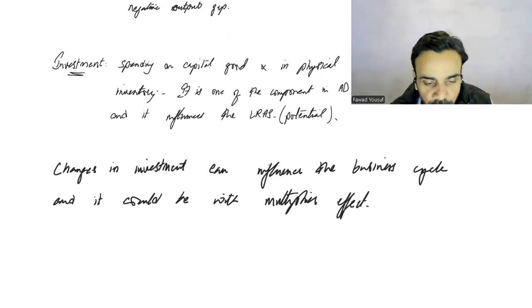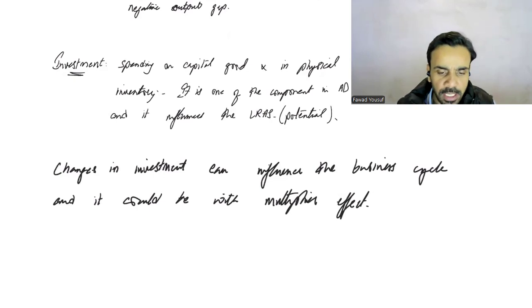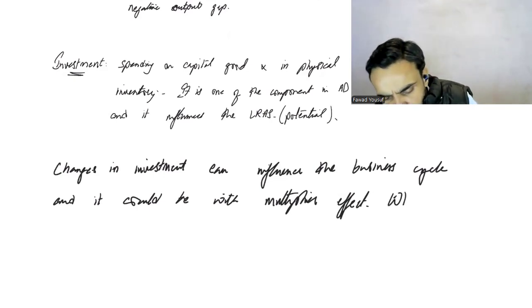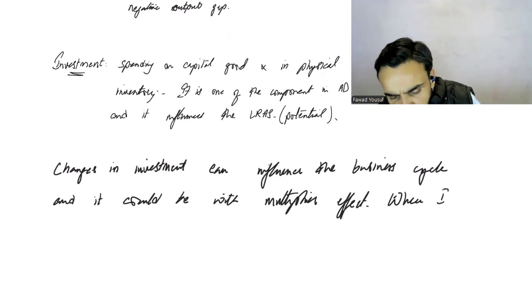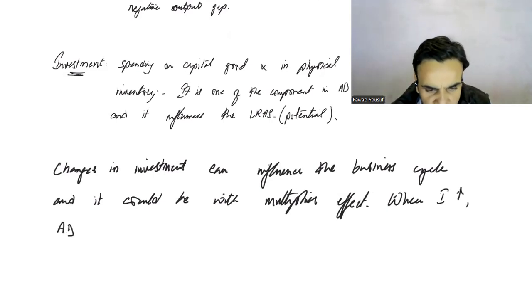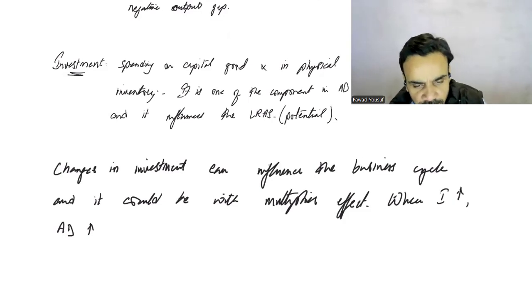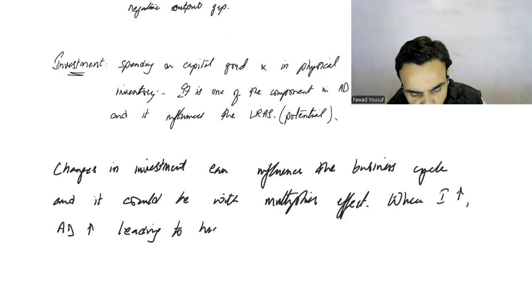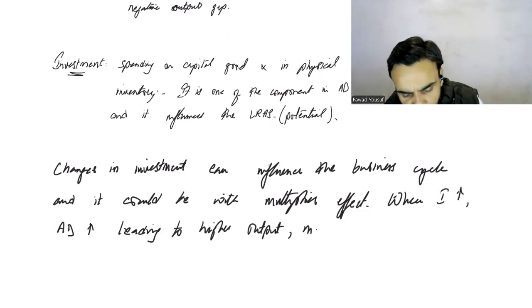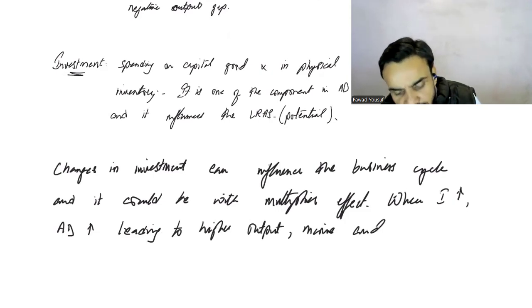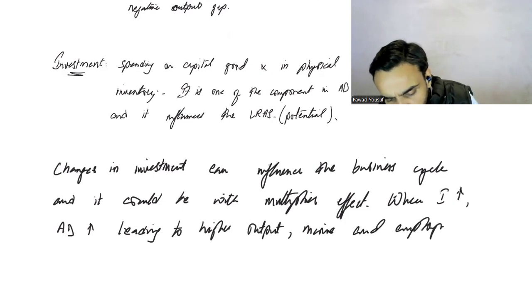Okay, so when we're talking about multiplier, थोड़ा सा इसको और हमें बताना पड़ेगा, what do we mean by this multiplier. So I'll do it like this, that when investment increases, aggregate demand increases, leading to higher output, कह लो income कह लो, and employment.